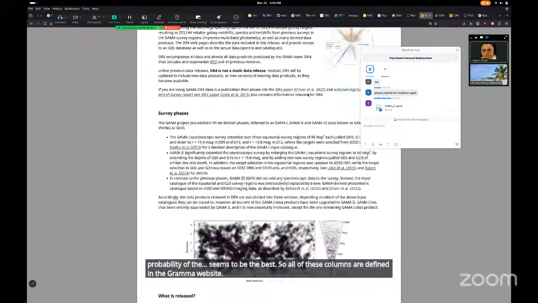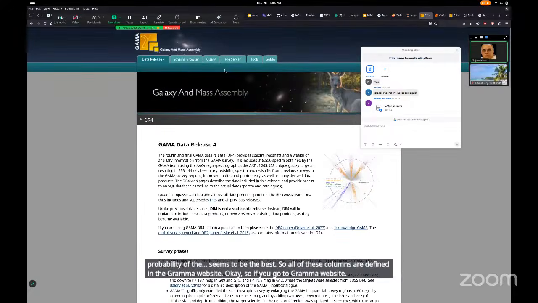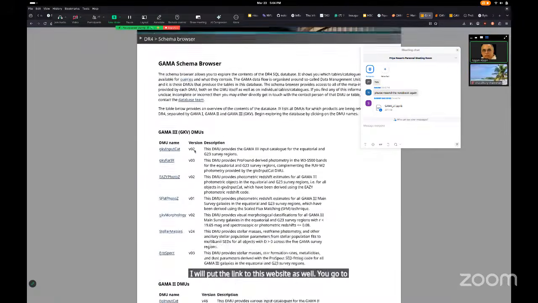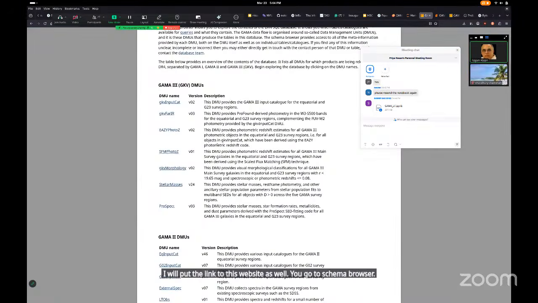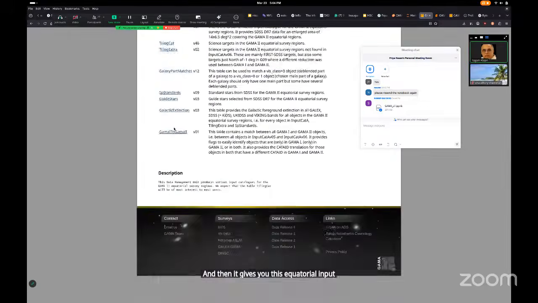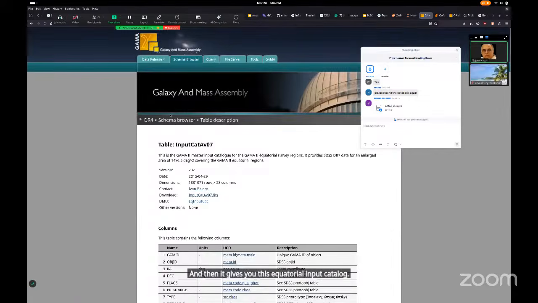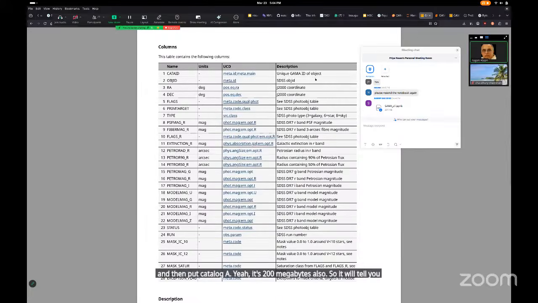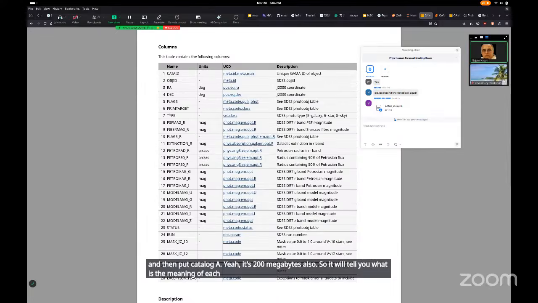Okay, so if you go to the GAMA website, I will put the link to this website as well. You go to the schema browser, and then it gives you this equatorial input catalog. And the input catalog A, yeah, it's 200 megabytes or so. So it will tell you what is the meaning of each of these columns.